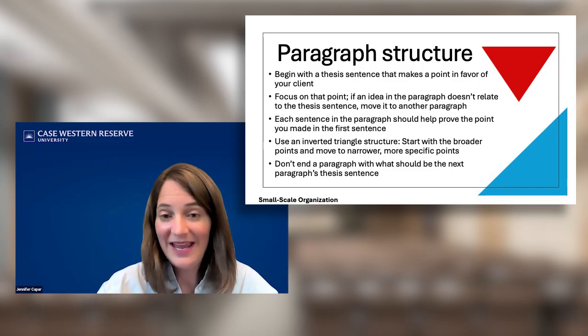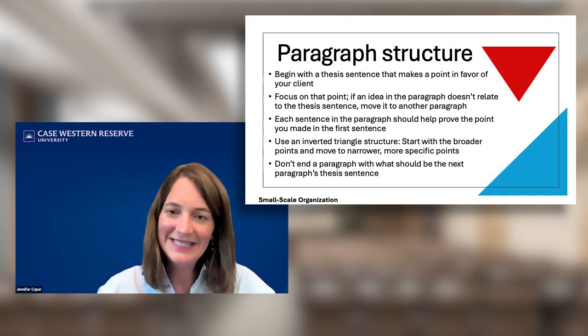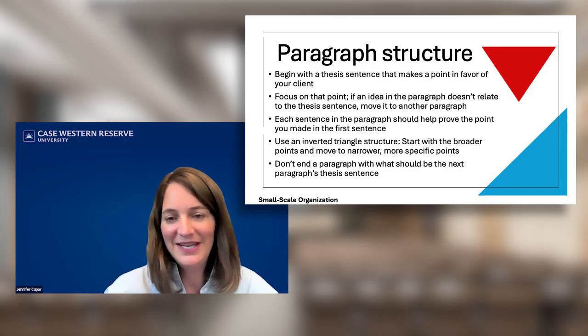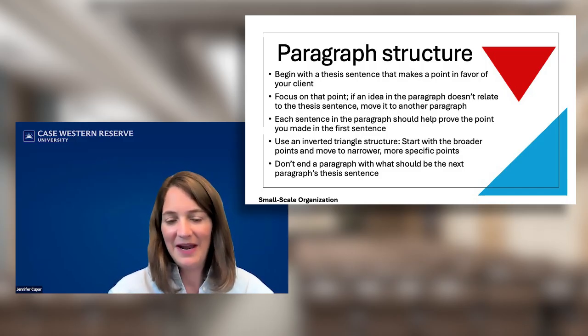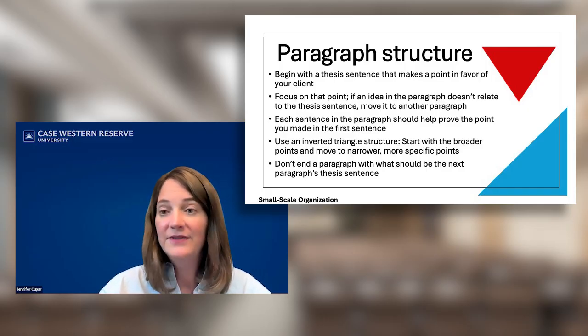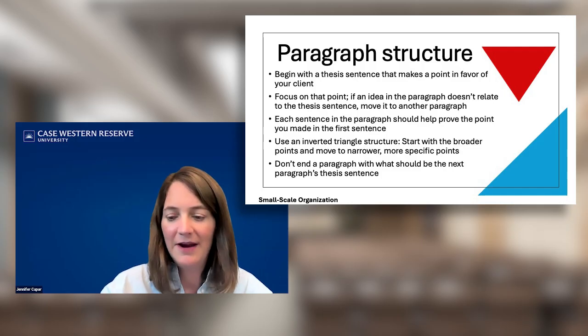It takes away a thesis sentence for the next paragraph, and it is very confusing for the reader because you have now added an idea to a paragraph that does not fit the concept that you identified at the beginning of that paragraph. So really be on the lookout for when you've done that and make sure you move that sentence to the beginning of the next paragraph.